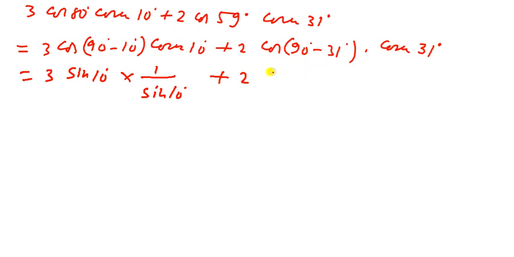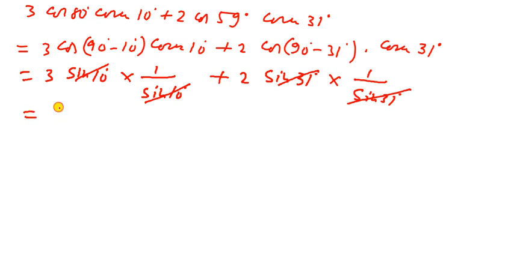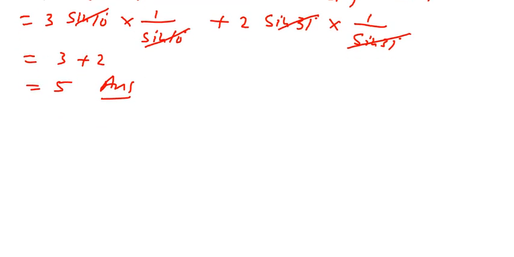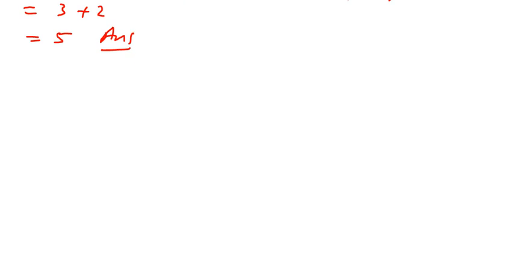Cos(90 minus theta) is sin theta, so sin 10 degree, and cosec is 1 upon sin, so 1 upon sin 10 degree, plus 2 sin 31 times 1 upon sin 31. Sin 31 cancels out, sin 10 and sin 10 both cancel out, so we get 3 plus 2, and that is 5, and 5 is your answer.